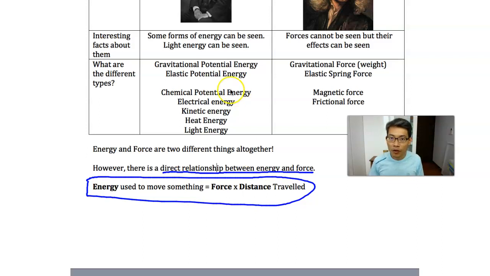You do not have to know the formula, but you do have to know, since you may have a question about energy and force. So if I use more energy, I can therefore exert more force. If I want to step lightly into the house, tiptoe, I will try to use as little force as I can. A little bit of force, then of course I will only use a little bit of energy.